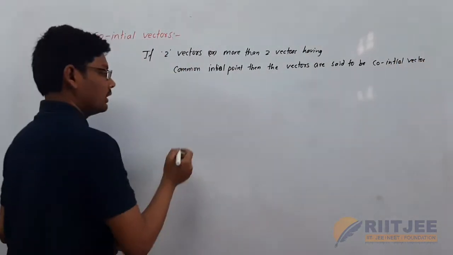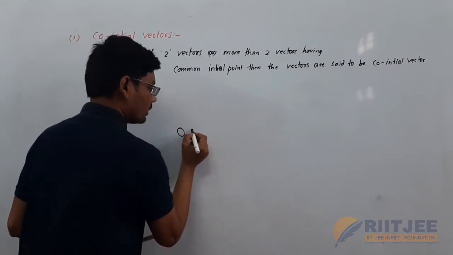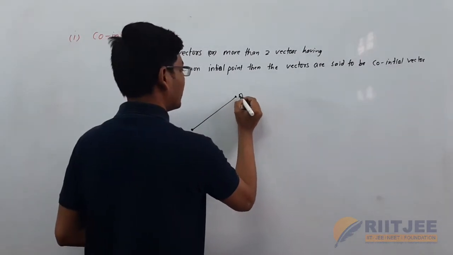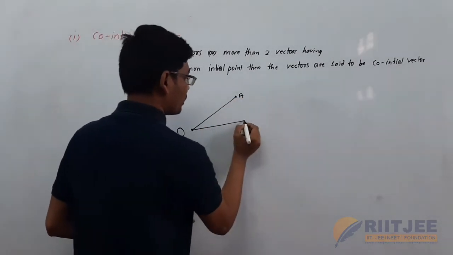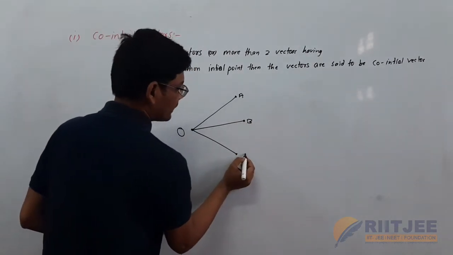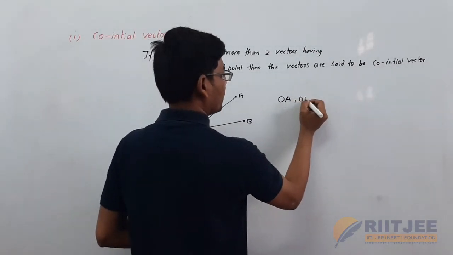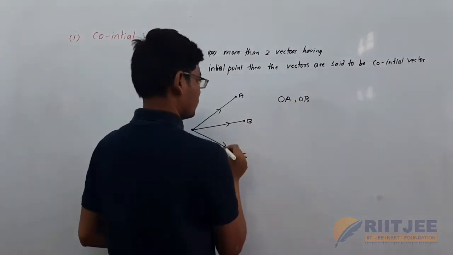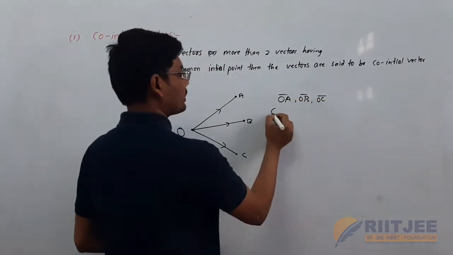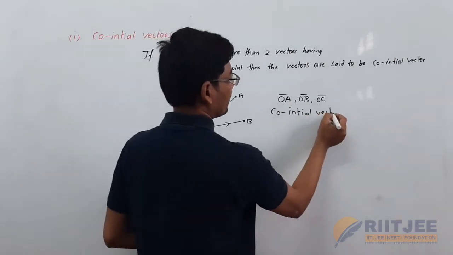For example, this is a point O here I am taking. For this O I am taking a vector, this is point A, and if you take one more vector, that is B, and one more vector, that is C, then OA, OB, OC are coinitial vectors.